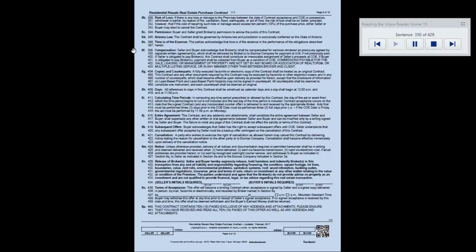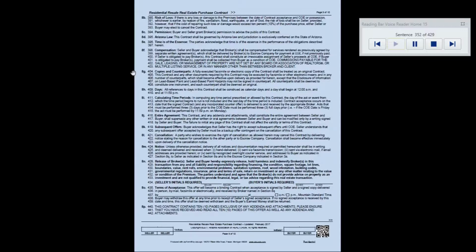If buyer is obligated to pay broker or brokers, payment shall be collected from buyer as a condition of COE. Commissions payable for the sale, leasing, or management of property are not set by any board or association of realtors, or multiple listing service, or in any manner other than between the broker and client.